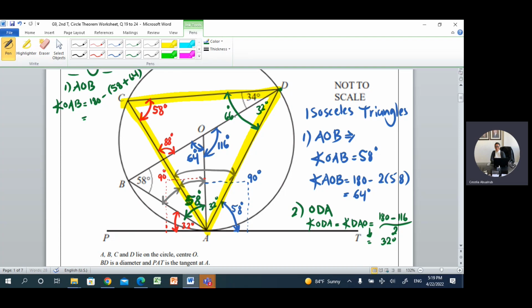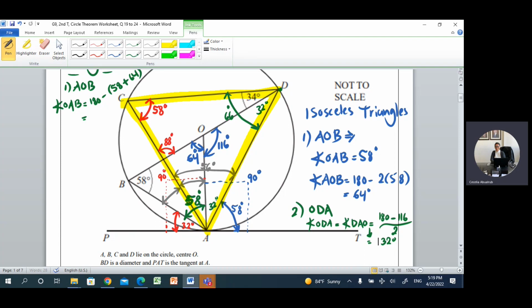So 66 plus 58 is equal to 124, and if you subtract the 124 from 180, this angle here is 56 degrees, right?